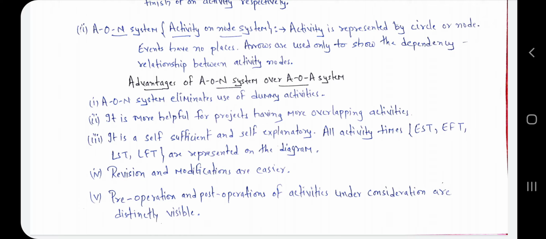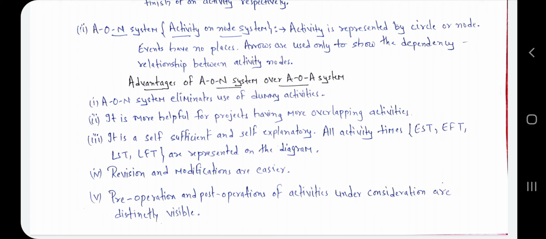Fourth, revision and modification are easier. In activity on nodes, revision and modification are very easy. And the last point is that the pre-operation and post-operation of activities under consideration are distinctly visible. In this system, pre-operation and post-operation are distinctly visible.